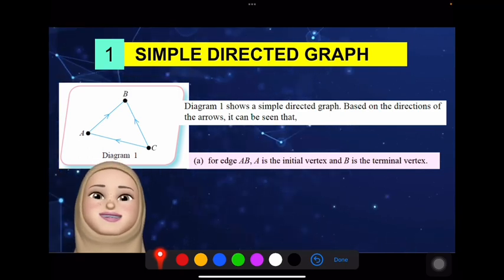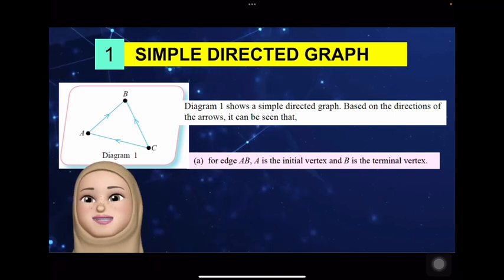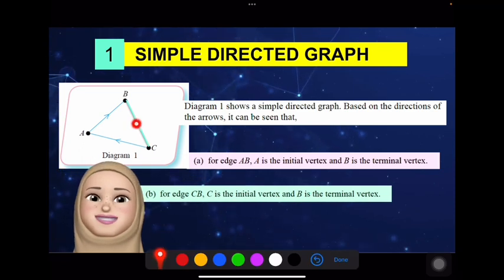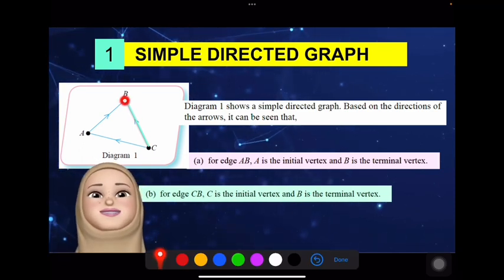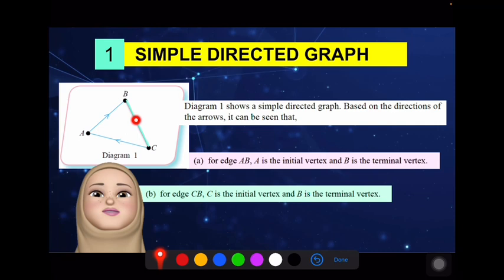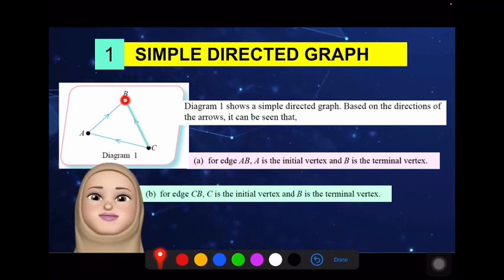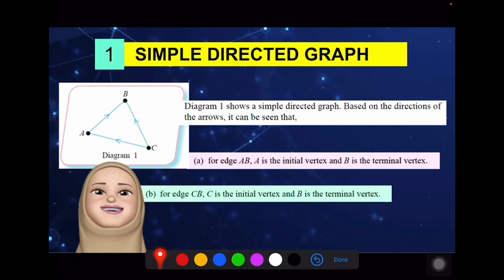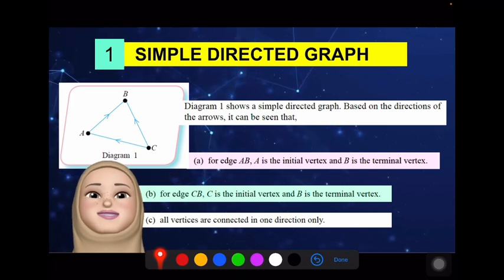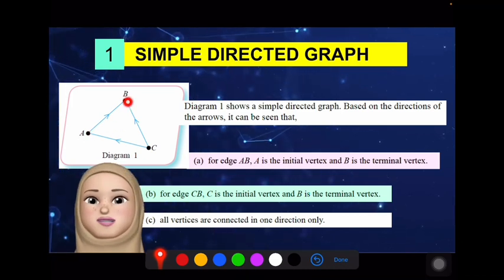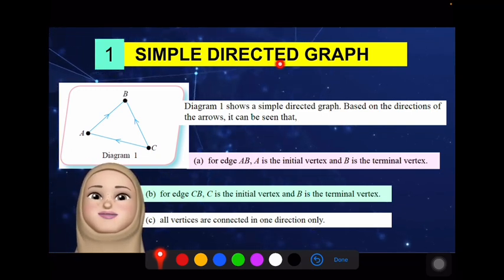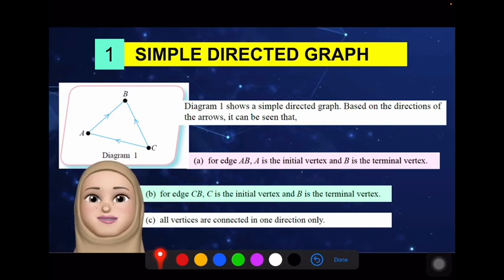And for edge CB, C is the initial vertex where the arrow comes out from the point C, and B is known as the terminal vertex where we have arrow going into the vertex. And all the vertices are connected in one direction only. So this is what we call a simple directed graph with all the three properties here.